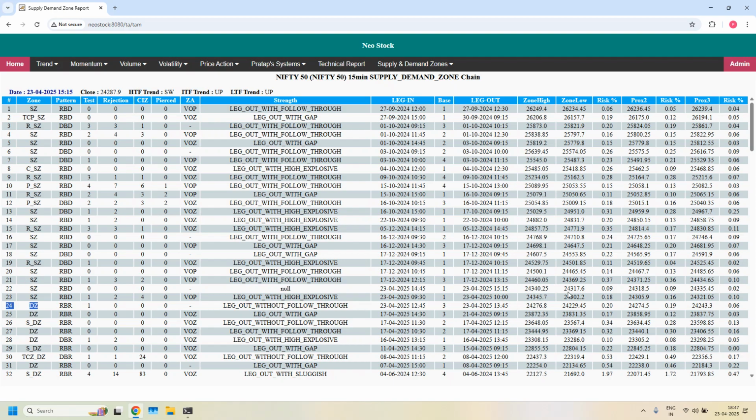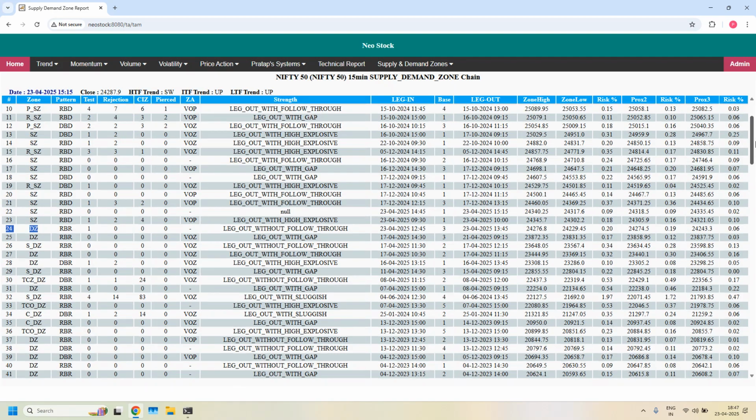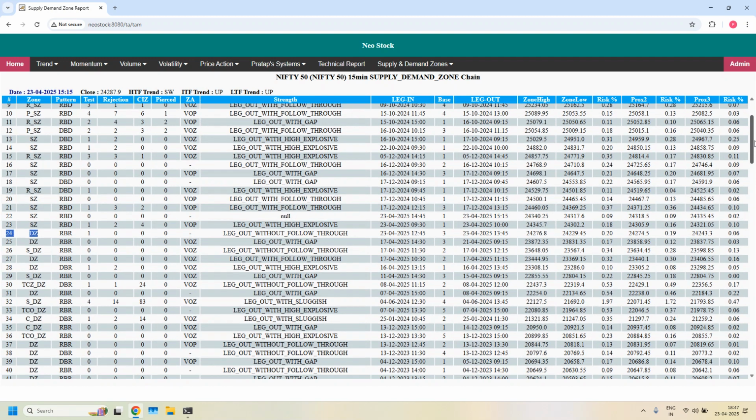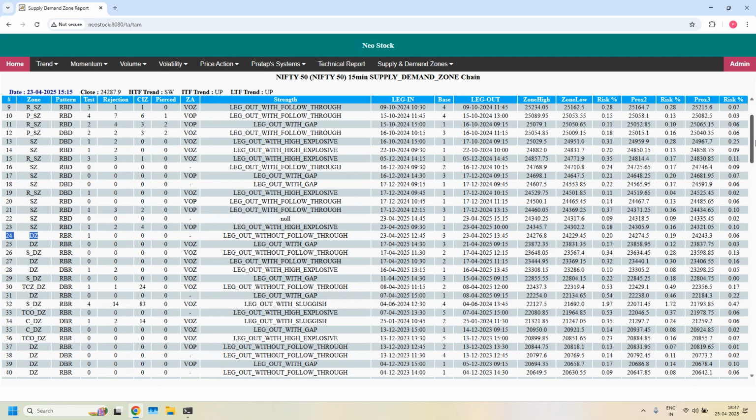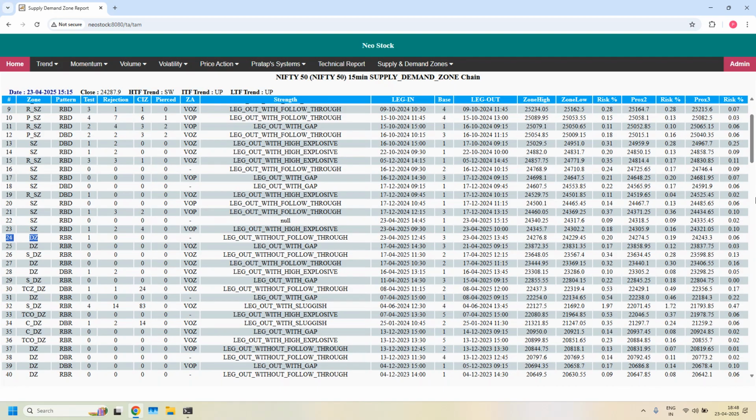So let me adjust in the center of this page. Okay. This is a 15 minutes supply demand zone chain for Nifty.